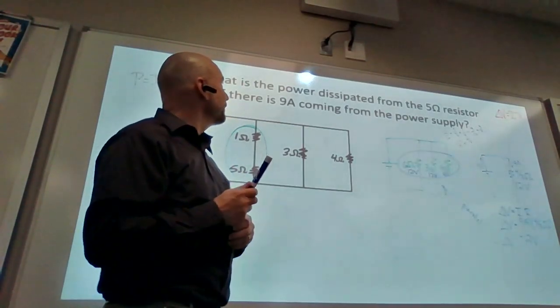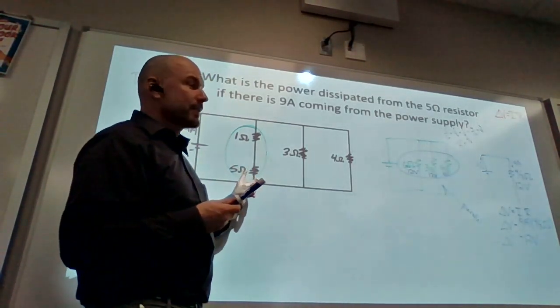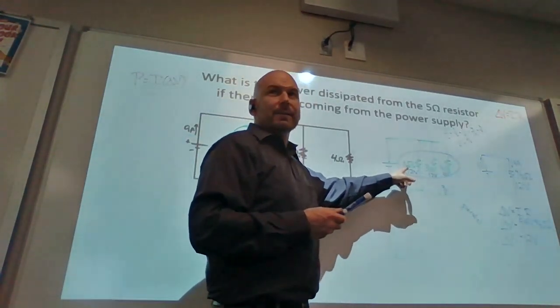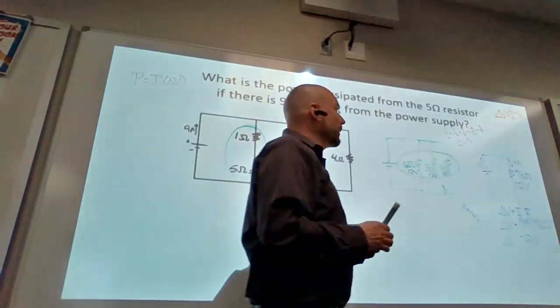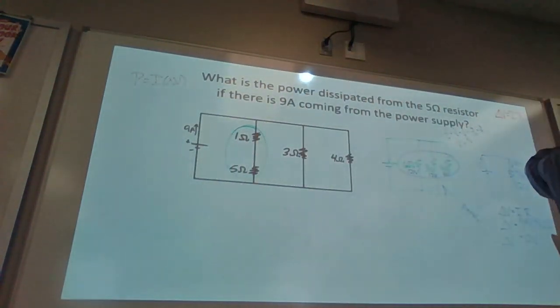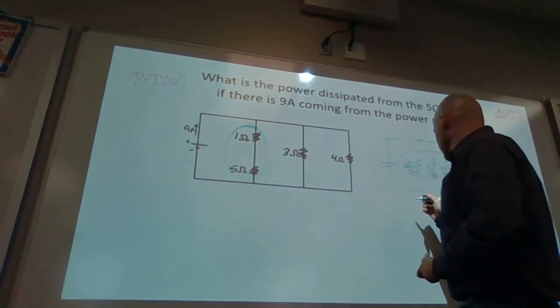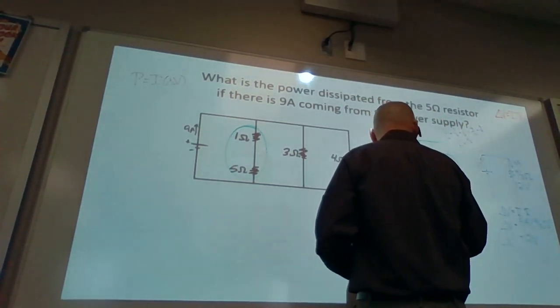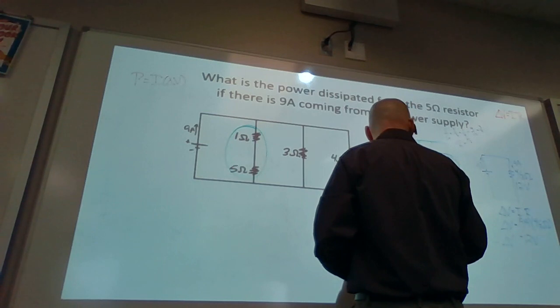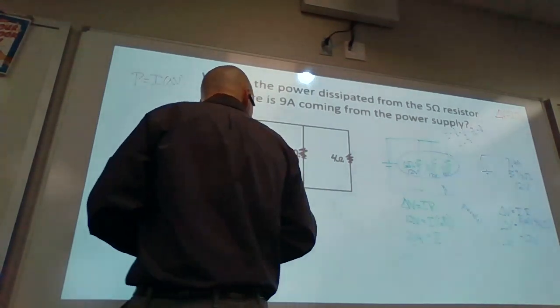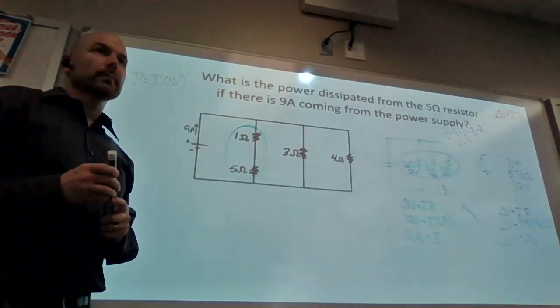The resistor I care about is the 5. The 5 is buried in the 6. So I need to find all 3 measurements for the 6 ohm resistor. Find that to be equal to 2 amps.